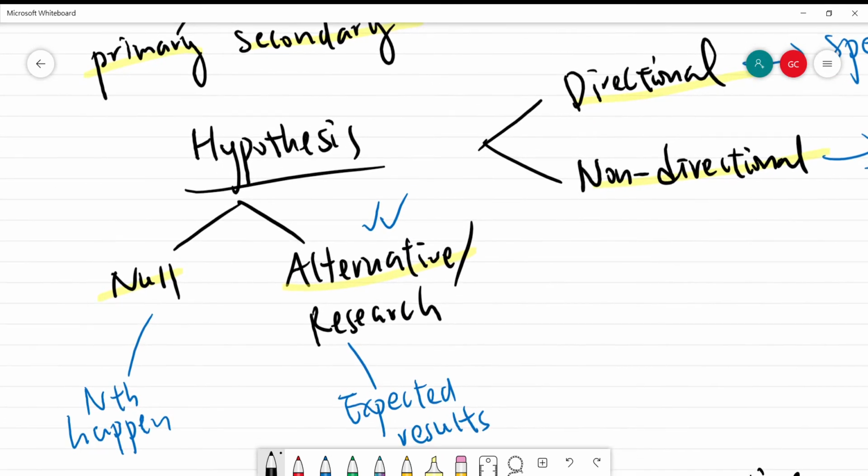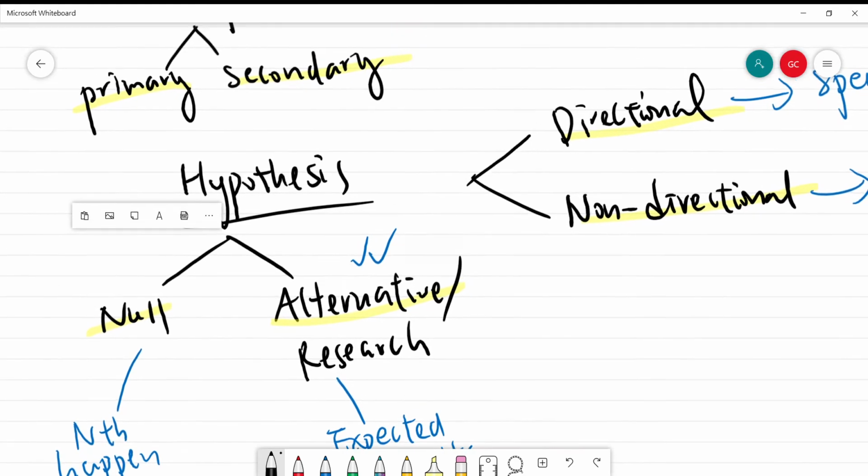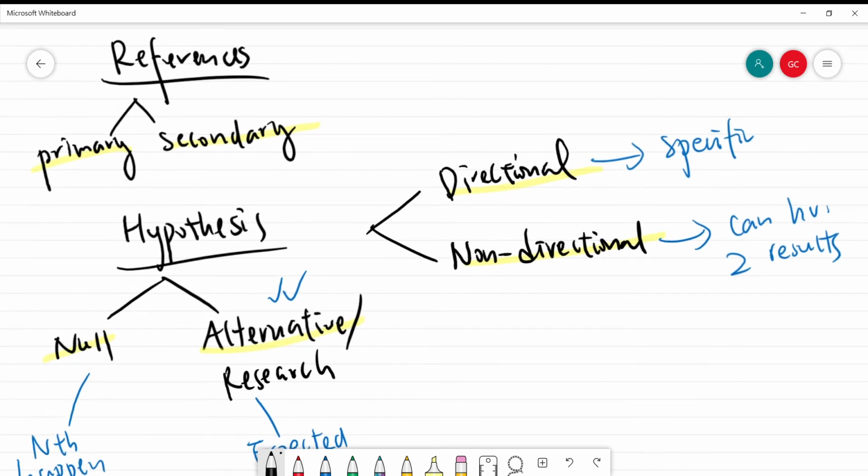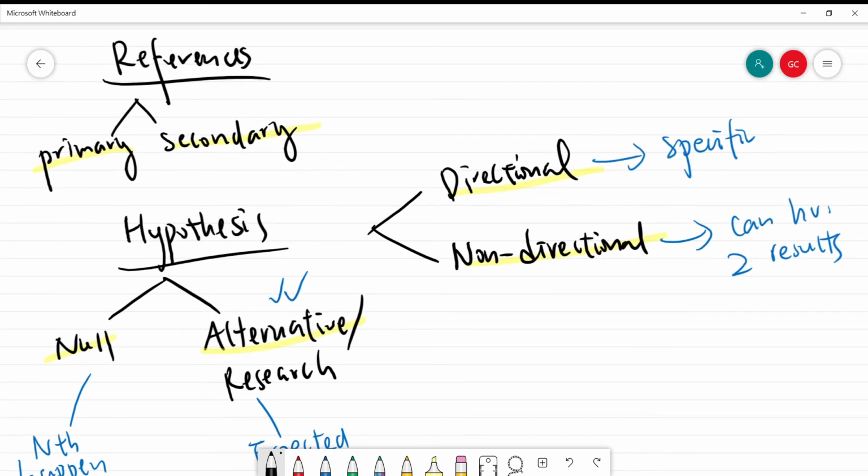So, about hypothesis, there are two types of hypothesis, as you can see here. It is the directional and the non-directional. The directional hypothesis means that it has a specific answer, like, for example, if you do more exercise, you will be healthy, and has a specific direction.